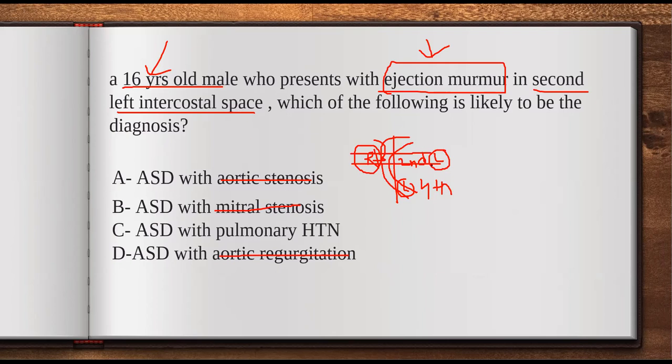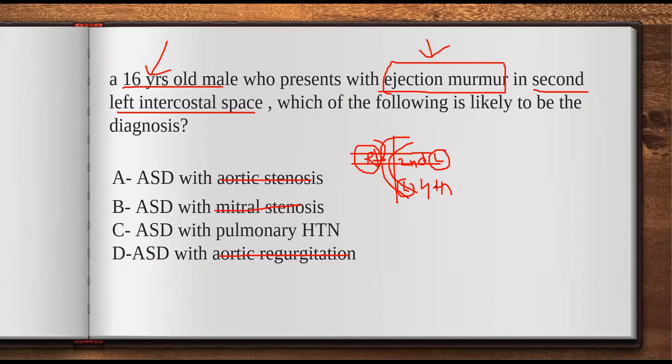Now, second left, you can get pulmonary hypertension. Even pulmonary hypertension may not cause a murmur, but if you have pulmonary hypertension, you will get a palpable P2 in the second left intercostal space. And if you have pulmonary stenosis, or due to pulmonary stenosis you develop pulmonary hypertension, sometimes you can get a murmur in the second left intercostal space.